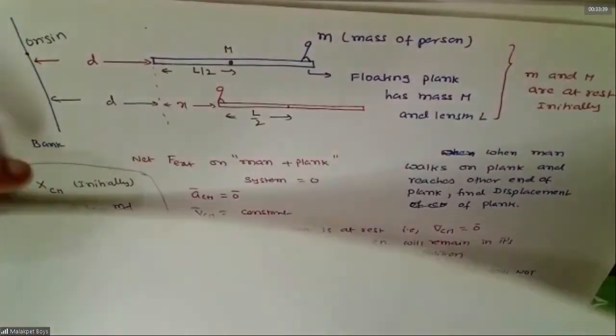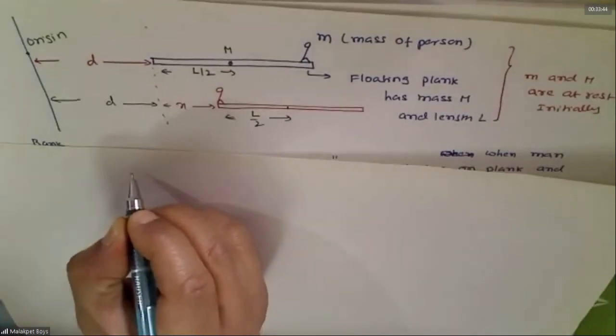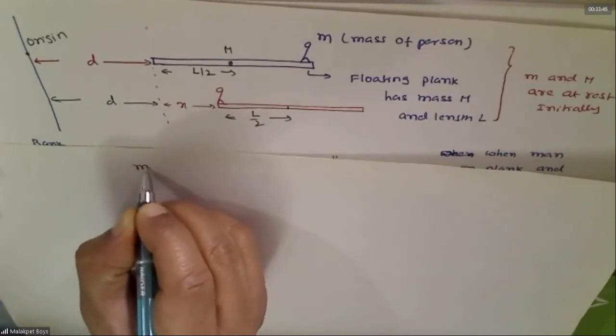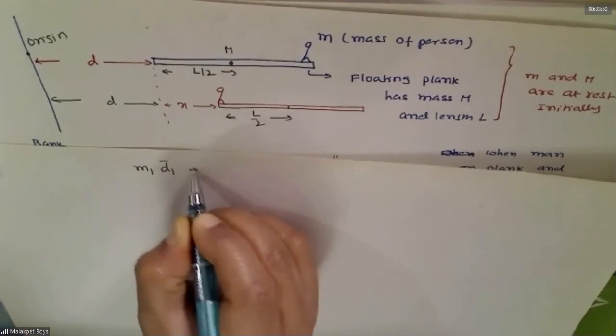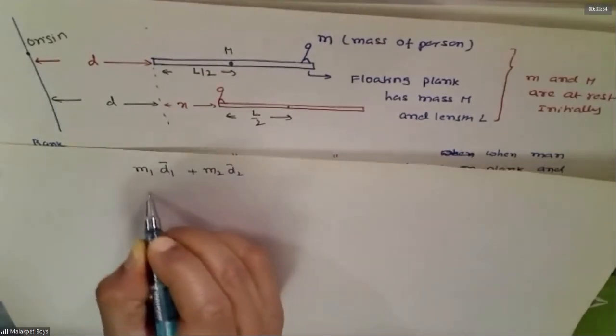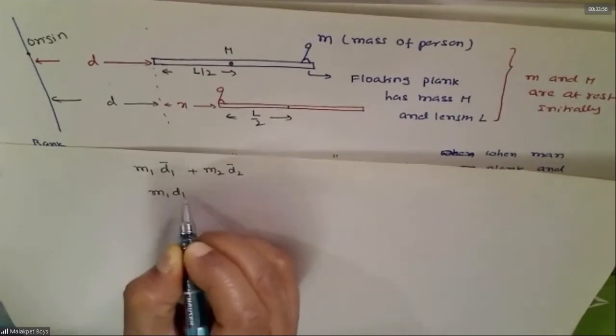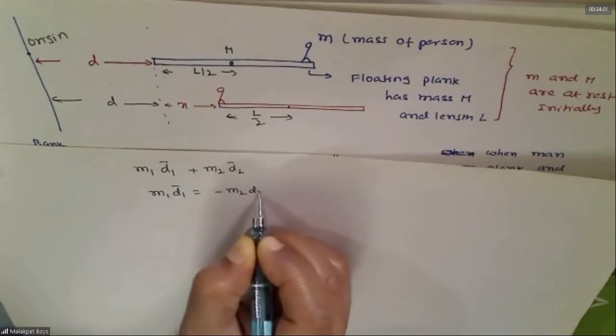See, we can do the same problem by remembering what we saw yesterday for a two particle system: M1 D1 equals M2 D2.